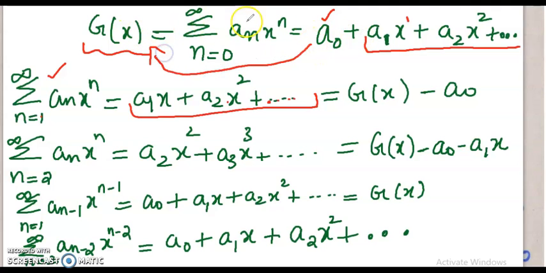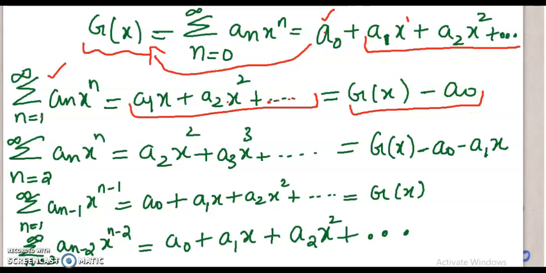That is, g of x minus a0 is the value of this summation. Okay. That is, a1x plus a2x square etc. is g of x minus a0. That's what you get, g of x minus a0 here. You can substitute directly when you come into a problem. When you come across an equation like this, you can substitute directly g of x minus a0.